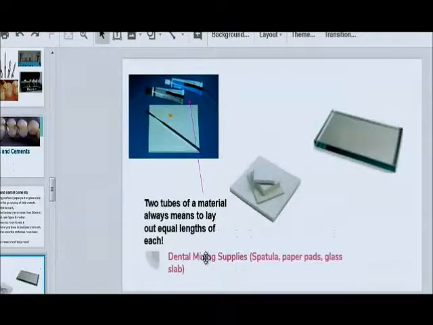So this one has actually 2 tubes of liquid that get mixed together, but you can see the mixing spatula, the material, and the mixing pad. And so my advice is when you see 2 tubes, put out equal lengths of each tube.